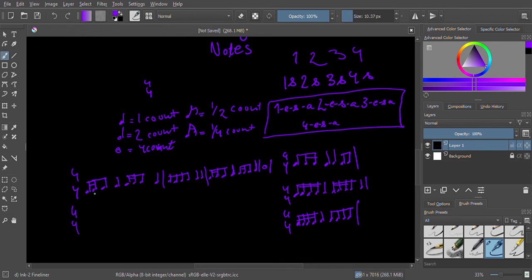This will probably be the last one I do for today. Let's keep this one a 2-bar rhythm. I think it's better suited that way, the way it's sounding.